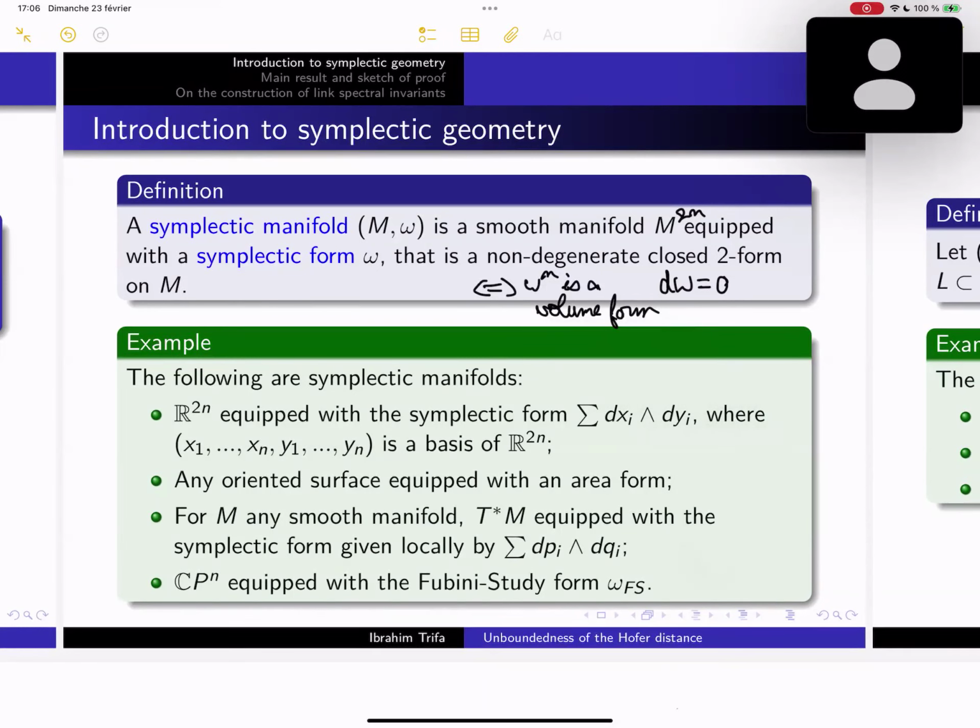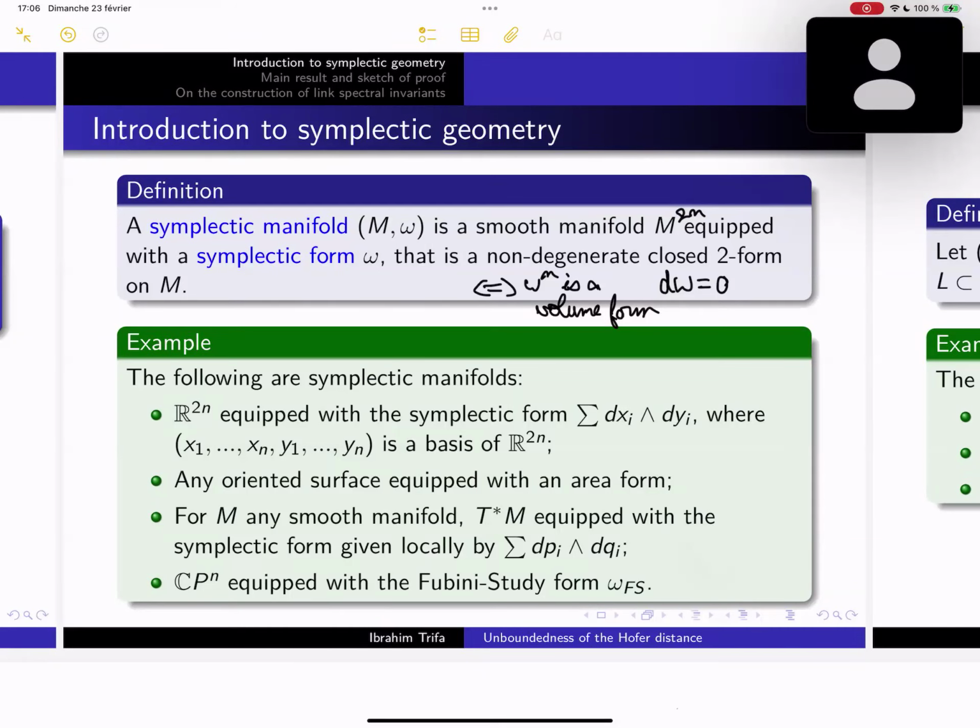By the way, feel free to ask questions during my talk, or tell me if I go too fast. So here are some examples of symplectic manifolds. R^2n equipped with the form sum of dx_i wedge dy_i, where we have chosen a basis x_1, ..., x_n, y_1, ..., y_n of R^2n.